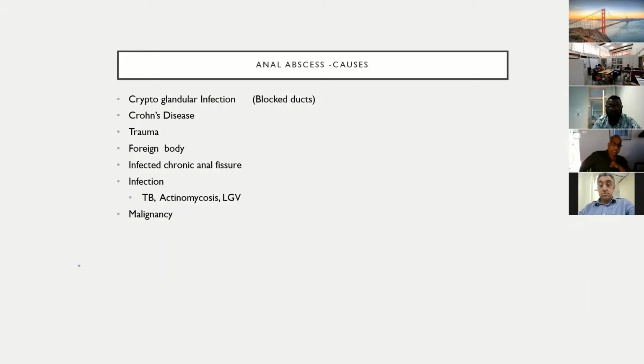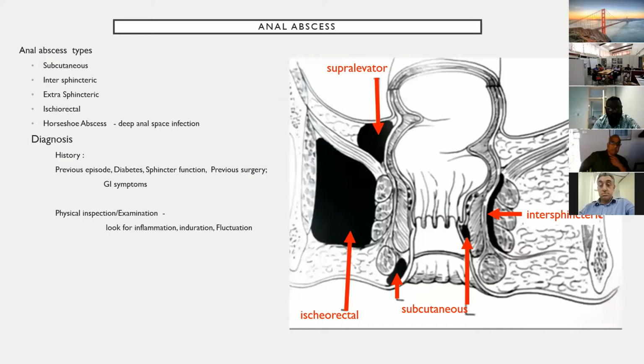Next is an infected chronic anal fissure, which causes a post-anal space abscess along with a fistula. Others are foreign body, infection and malignancy. The abscess types are subcutaneous, intersphincteric, extrasphincteric, ischiorectal abscess, and horseshoe abscess. The picture shows all the levels of abscess.